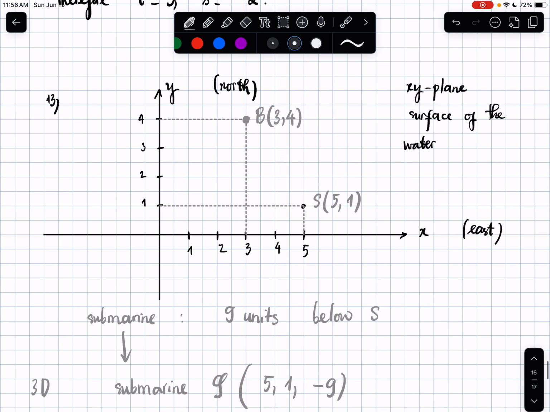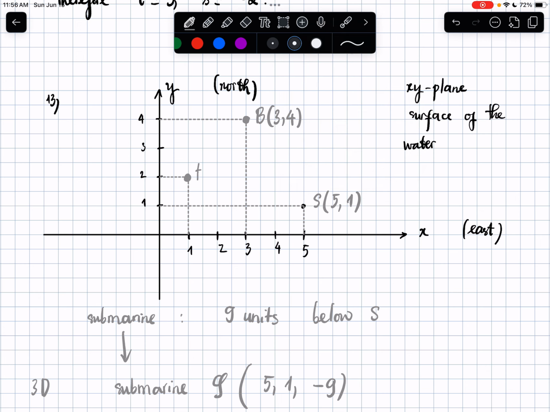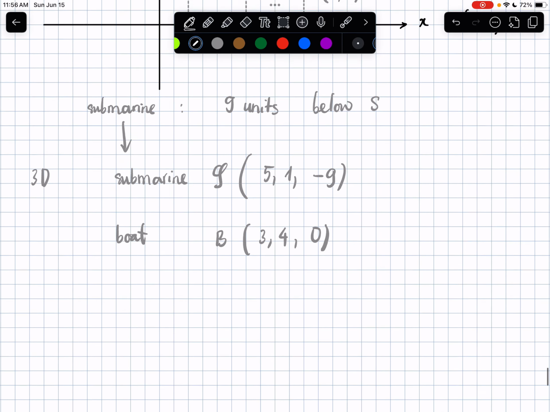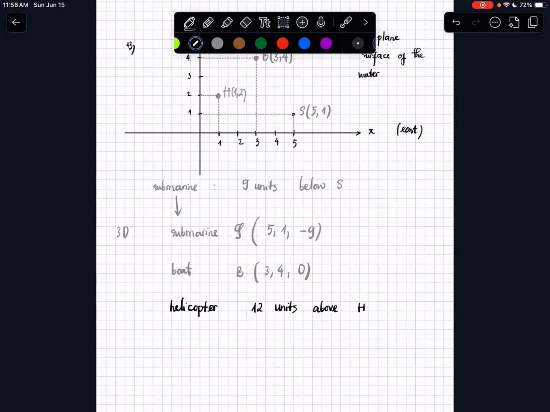And we have the helicopter, which is 12 units above H. H is a point with coordinates 1, 2. So here's our point H, 1, 2. The helicopter is 12 units above H, so the z coordinate is 12.